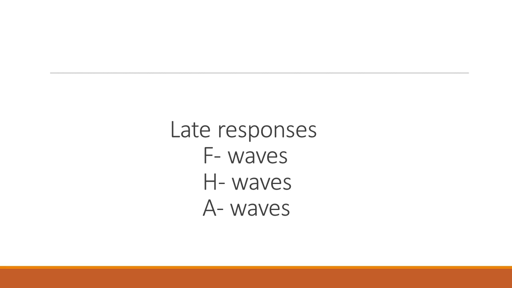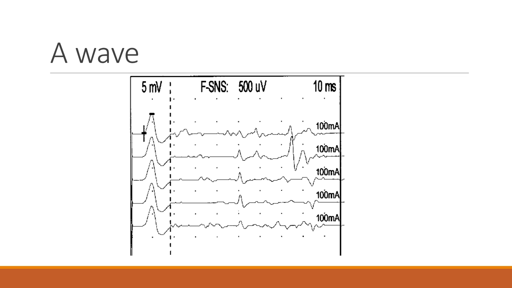Late responses. Late responses are the things we see all the time or do all the time, hopefully. It's just a matter of recognizing some of these. So this particular one is your A wave. If we took this and superimposed it, these would become one, just like your M's would. It would look like you just have one response.